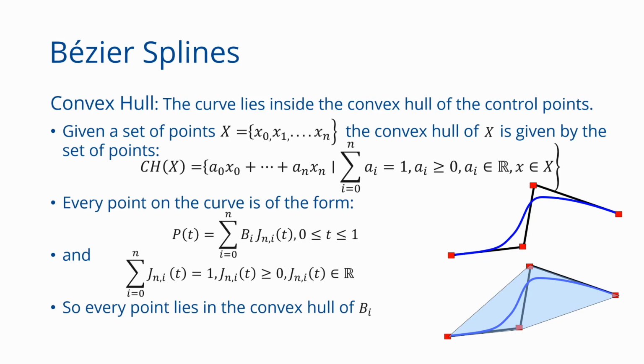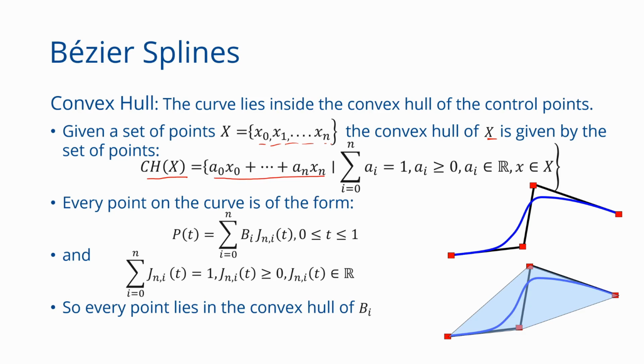So given a set of points x, such that x is made up of points x0 to xn, the convex hull of this set of points x is given by the set of points ch of x such that members of ch of x are convex combinations of the original set of points.